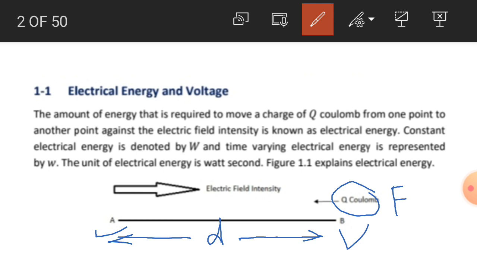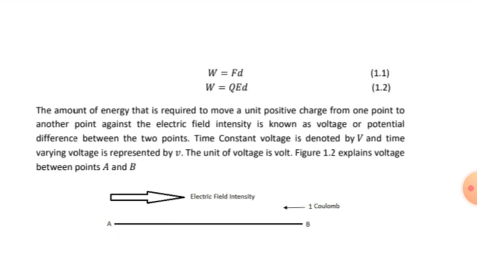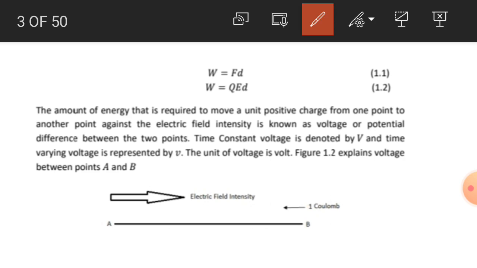Some work will be done by this particular force. Some energy will be expended in this particular case. So the work done will be equal to the product of the force and distance.